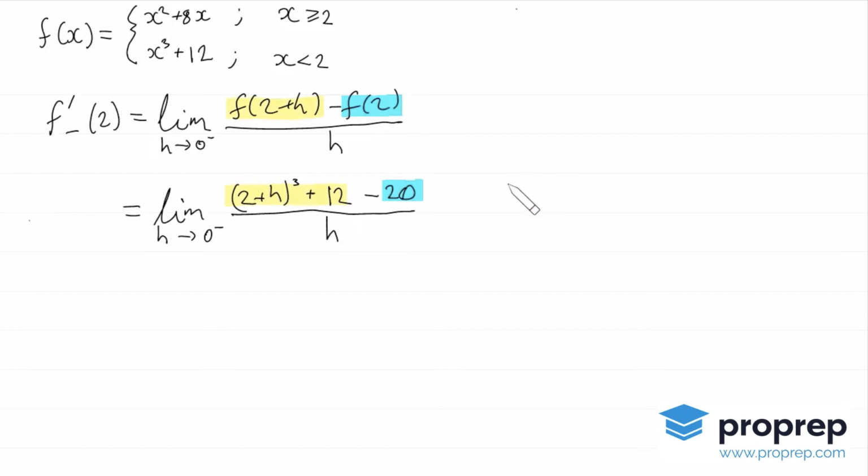You might have forgotten the formula for a binomial cubed. A plus b to the power of 3 equals a cubed plus 3a squared b plus 3a b squared plus b cubed.